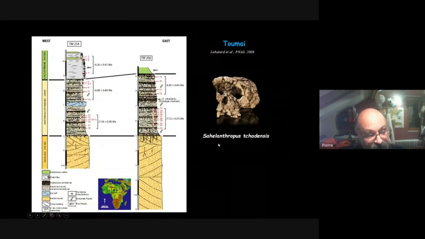This method is used to make dating because there's no other support near the Paleo Lake Chad, only sediment, and this sediment has been exposed to the cosmic ray since the deposition time until the covering of this deposition.